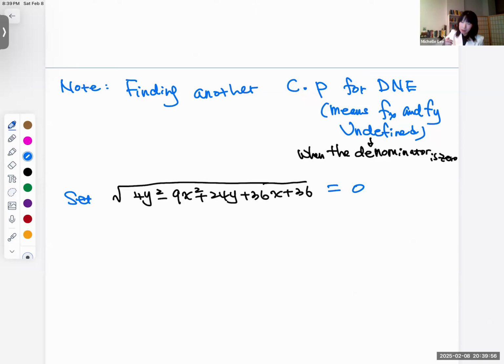So let's arrange. We have 4y squared, now 24y. And then we have x. So we have a negative 9x squared plus 36. How about the 36?